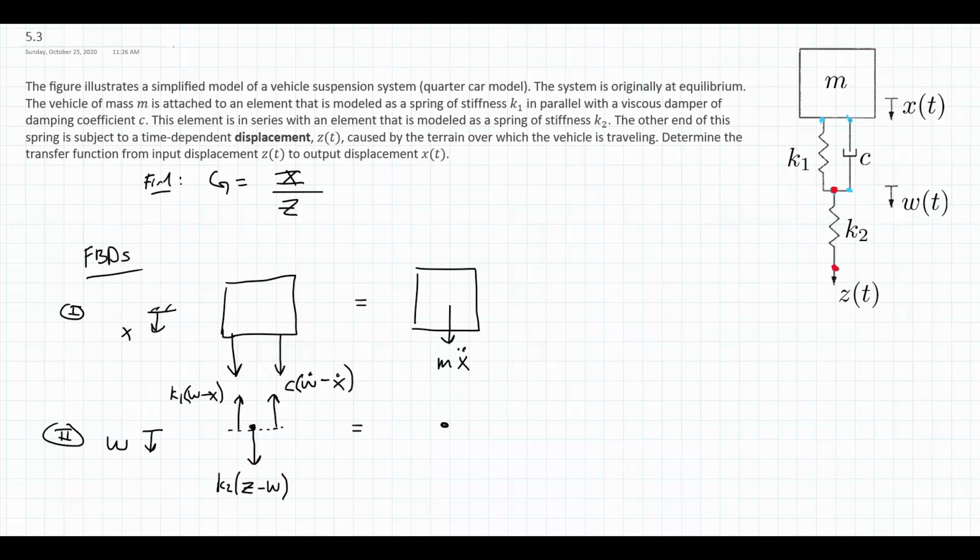It is not a force. Once again, we see it indirectly is included because it is going to be in that force calculation for the spring K2. But Z is not directly acting on anything because only forces are in free body diagrams, and Z is in the force of the spring.